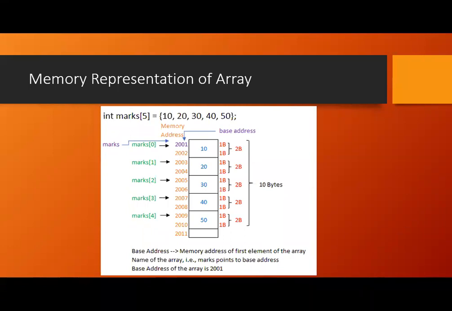Now, we know the concept of pointers. A pointer is a variable which stores the address of another variable. But here, the name of the array, we call it a constant pointer.